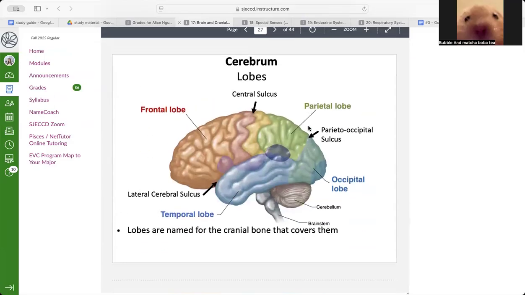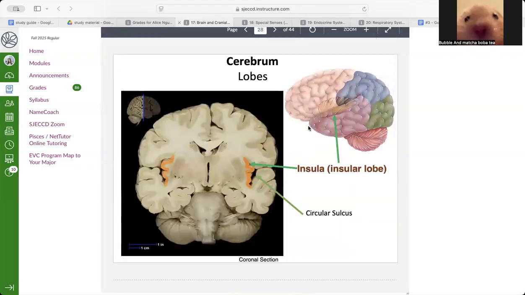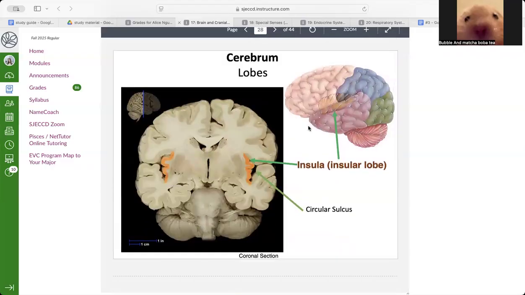We have our cerebrum, and there's a circular sulcus inside. So the insula is inside the lateral cerebral sulcus.